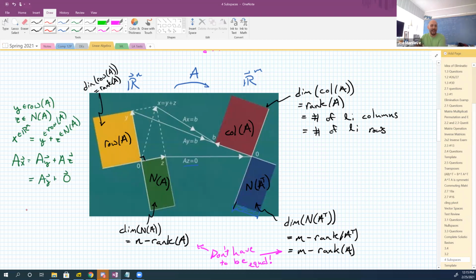I said any x in Rn can be written as x is y plus z with y in the row space and z in the null space. Now, that's not in evidence. I haven't demonstrated that that's true yet. You guys with me on that?